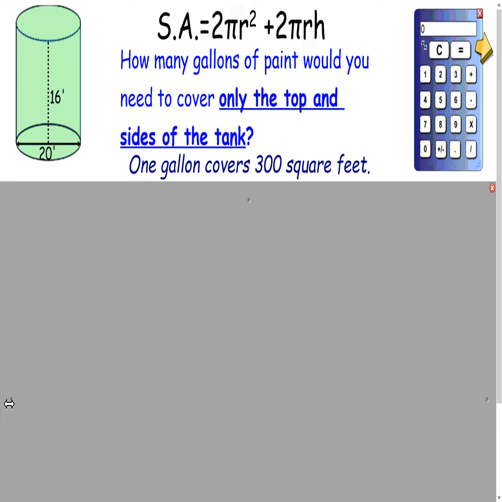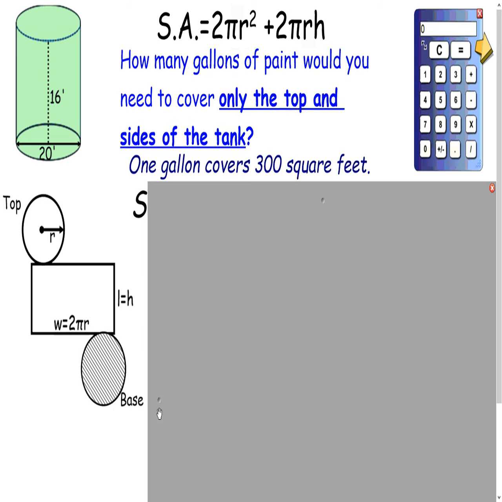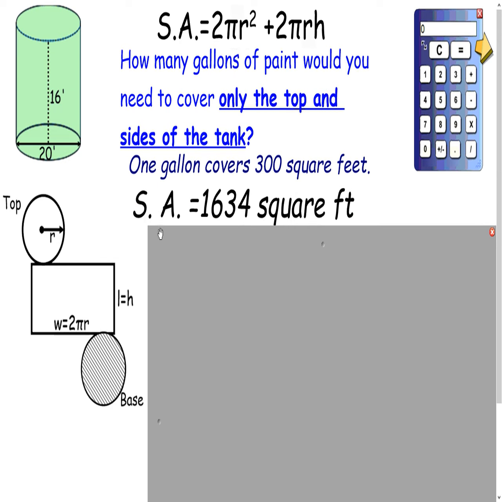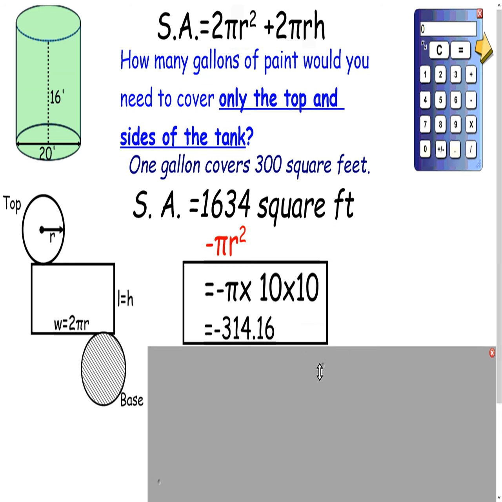Okay, so let's look at that 2D view again. We have a surface area of 1,634 square feet, but we don't want to do the base here. So we're going to take the area of the base and subtract it out. We're going to subtract pi r squared, the area of the base. So pi r squared is 3.1416 times our r of 10 times 10.